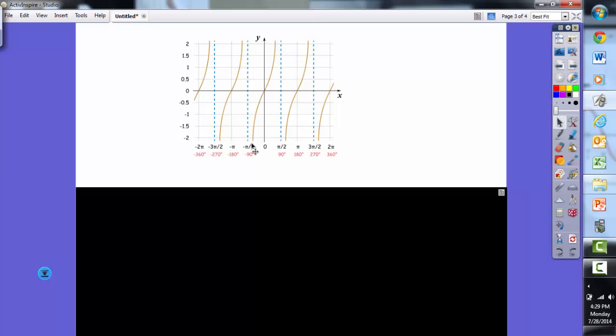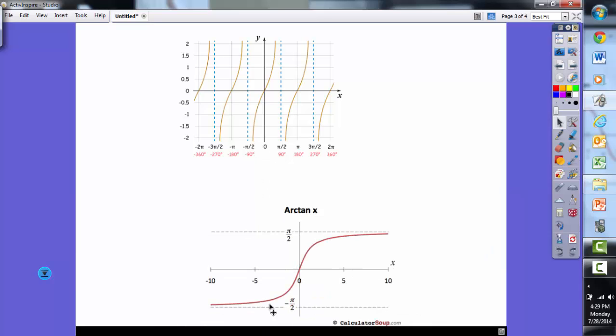There's an asymptote at -pi over 2 and pi over 2, which means that the range of the arctangent is going to have an asymptote at negative pi over 2 and pi over 2. So here you go. The domain is from negative infinity to infinity. The range is from negative pi over 2 to pi over 2 with asymptotes at both of those.